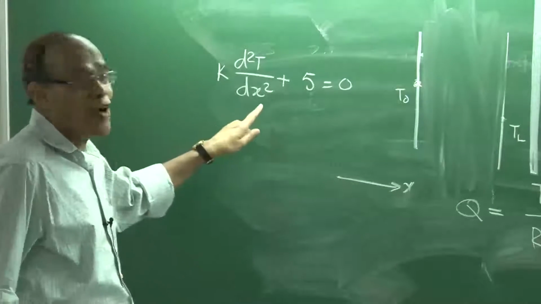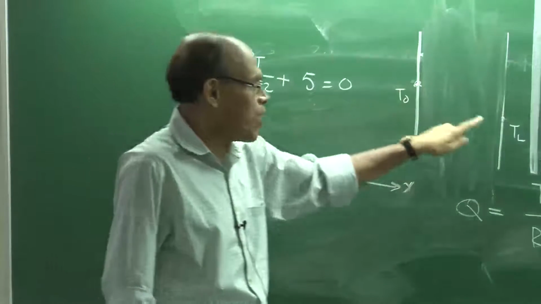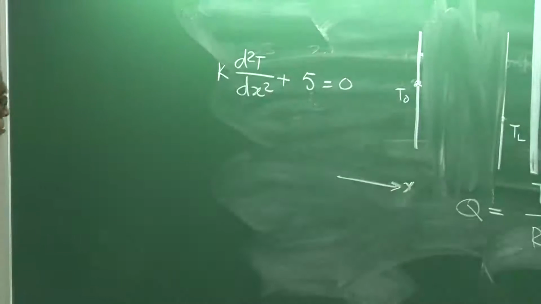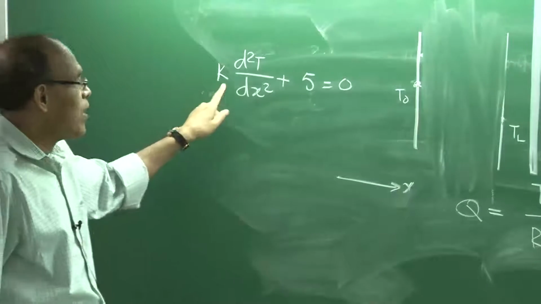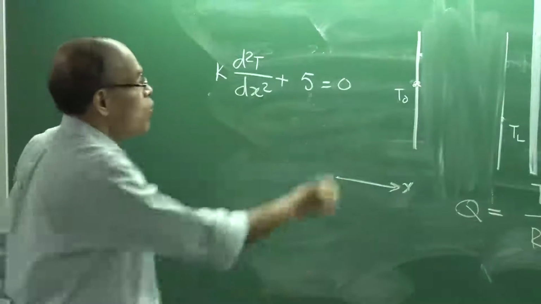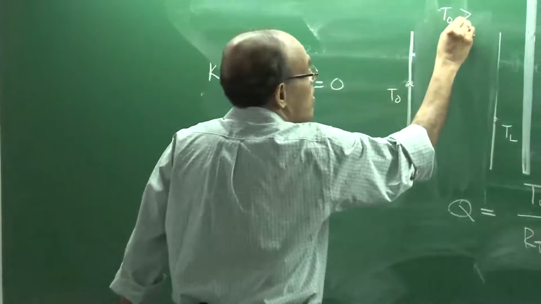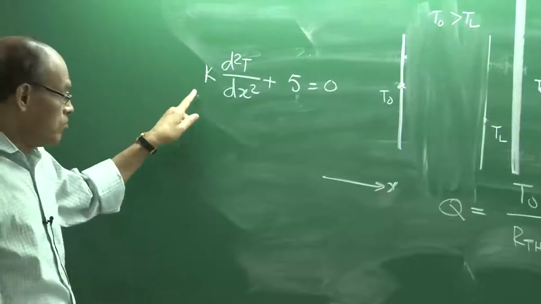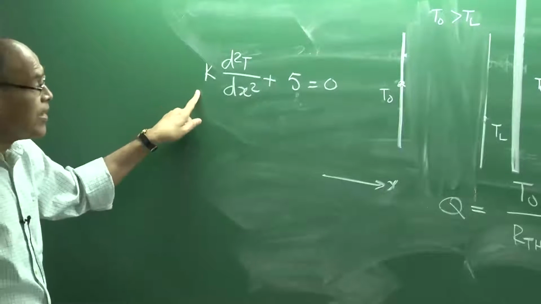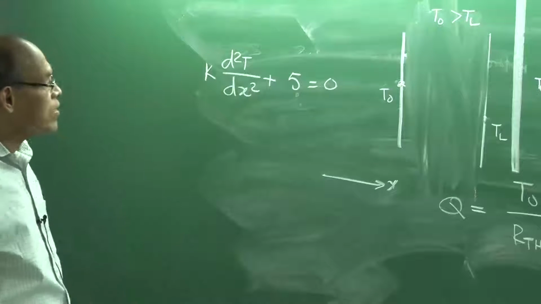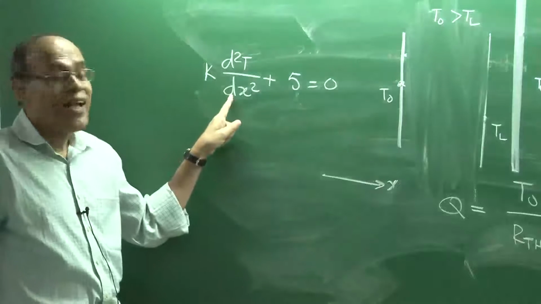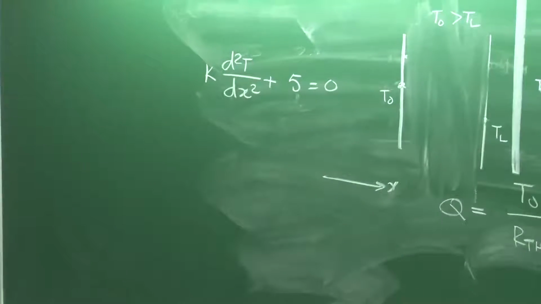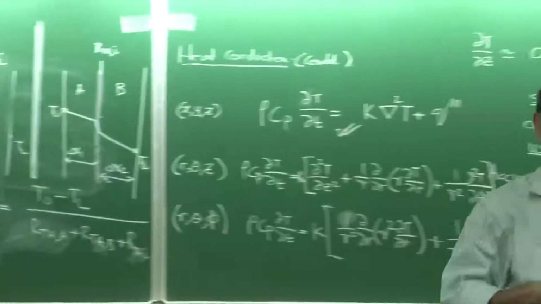Of course, the same boundary conditions apply, T is equal to T0 and this is TL, and in this particular case, T0 as I have indicated is greater than TL. Interestingly, if you look at this equation, it is absolutely identical to a fully developed flow equation with constant pressure gradient.